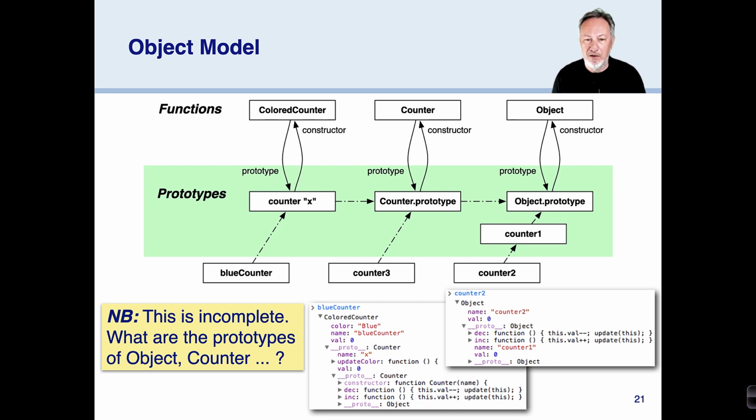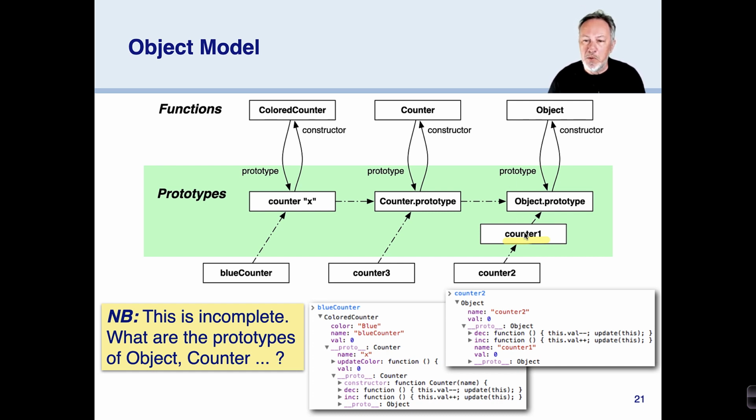So, resuming, this is what the object model is going to look like. Here's our original counter object that we created manually. It was just a plain old object that we initialized using an object literal.